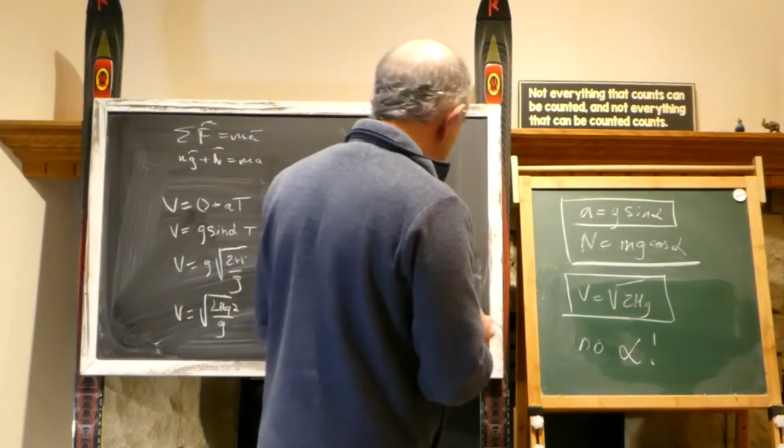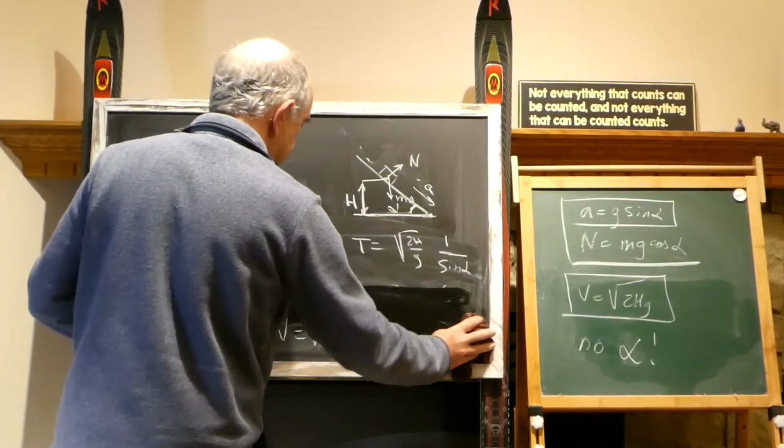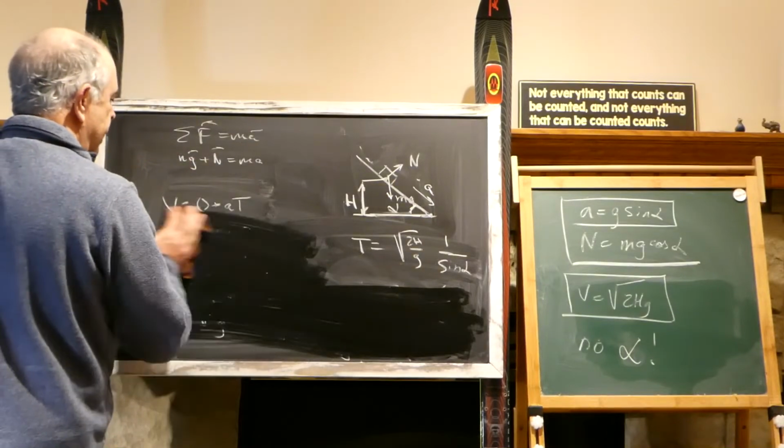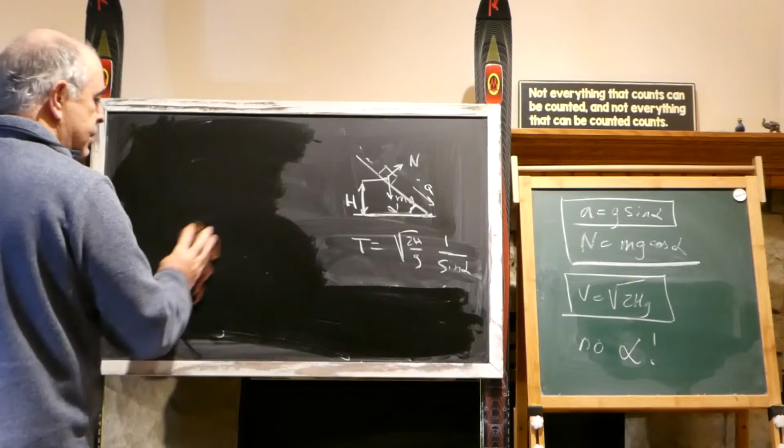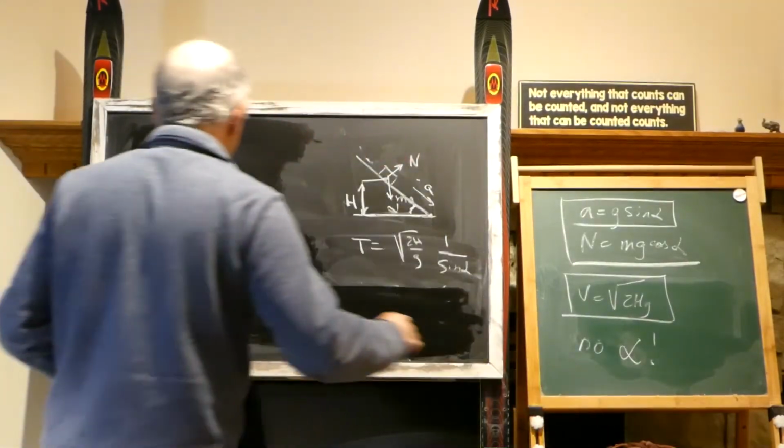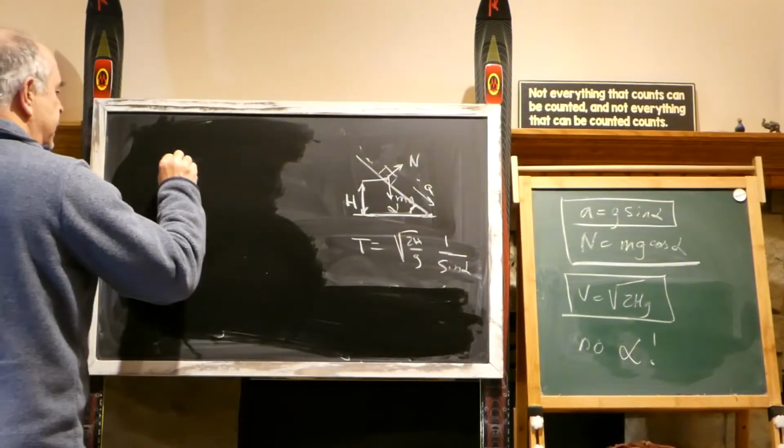Still, if you think about it, and if you recall the problem that we had, and this is in kinematics 2D, I think, but you can find it if you look through the playlist.